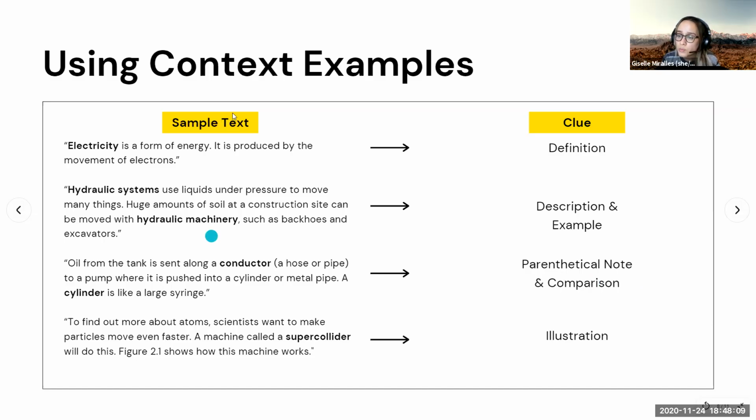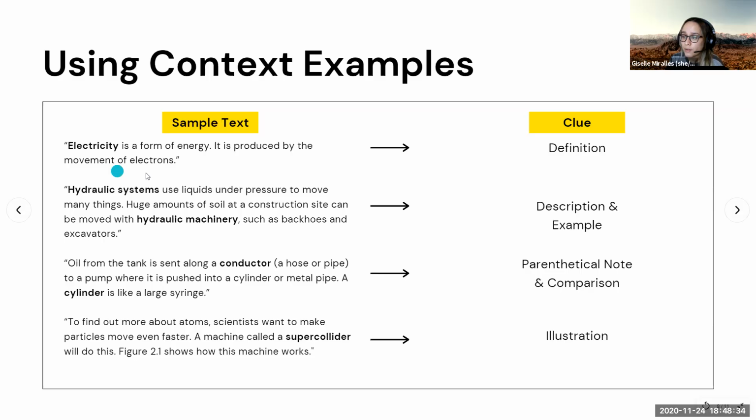So for the first one, this is a sample. Electricity is a form of energy. It is produced by the movement of electrons. So if I'm reading this, I've never read it before. Electricity is the word that I'm curious about, and I don't understand. But if I look at this passage again, electricity is a form of energy.